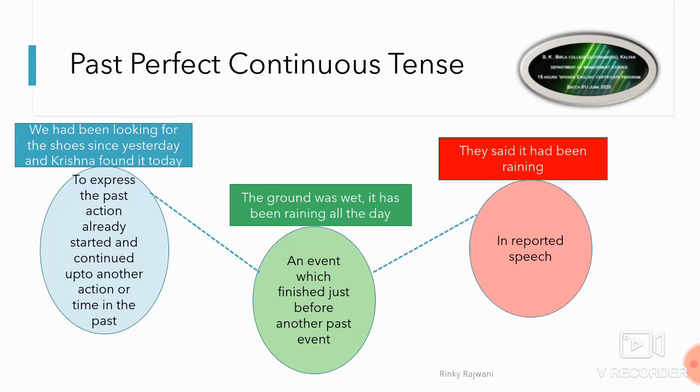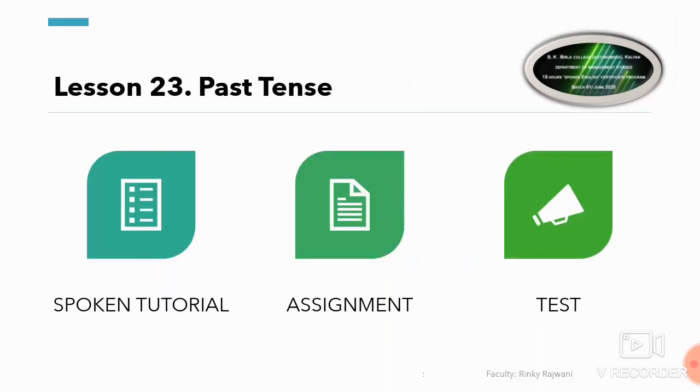In reported speech, how will I say this in past perfect continuous tense? They said it had been raining. Here you are reporting, telling this point to somebody else. So these are certain ways in which you can express past perfect continuous tense.